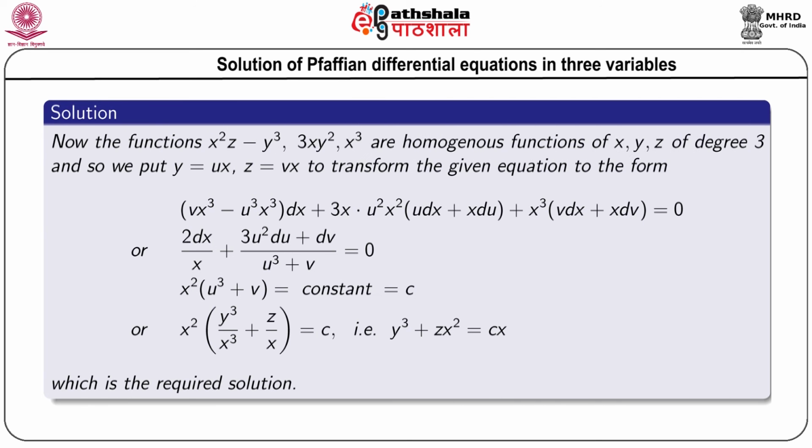And you can see that in this equation the term dx is separable, and the function related to u and v is also integrable. After integrating, we get the integral y³ plus zx² equals cx.